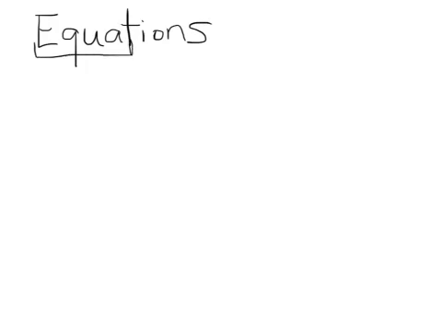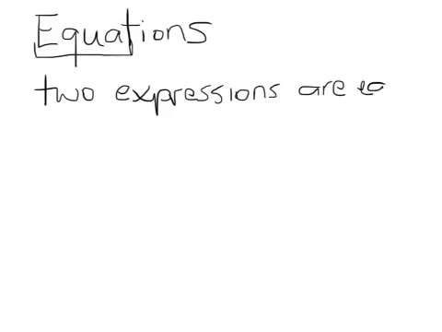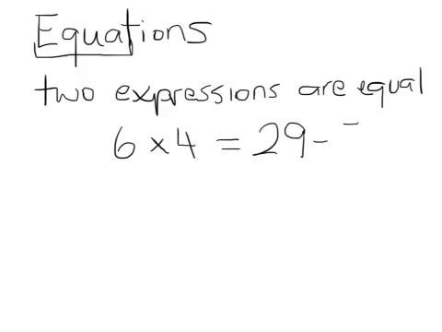On to equations. Equations almost has the word equal in it. So an equation is when two terms or two expressions are equal to each other. So without using algebra, I could have 6 times 4, that's an expression, is equal to 29 take away 5.